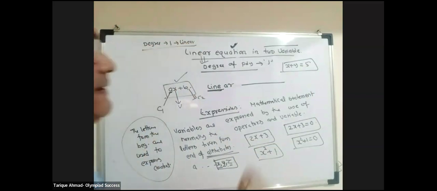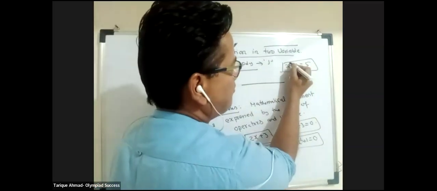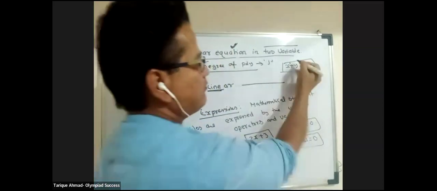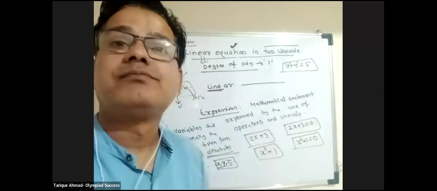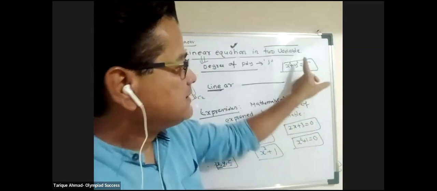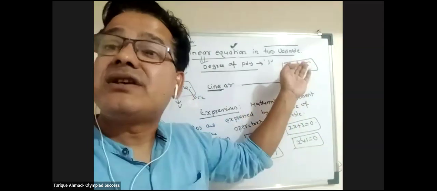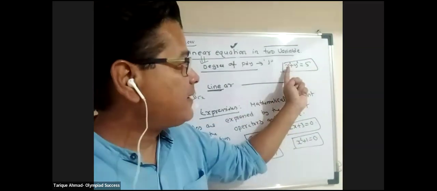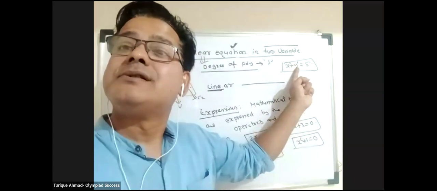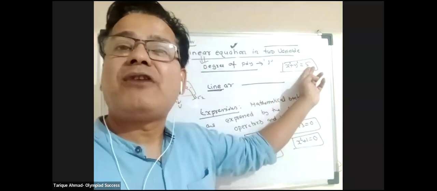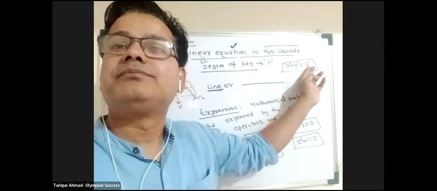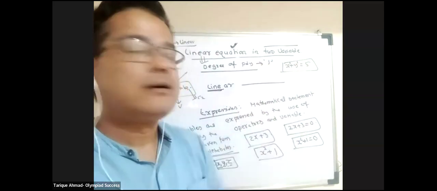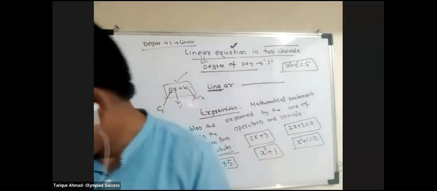See, here the power of variable x is 1, and the power of variable y is 1. So it is linear. The equal to sign is there, so it is an equation, and there are two variables x and y. So this is an example of a linear equation in two variables. So this is the name of the chapter.